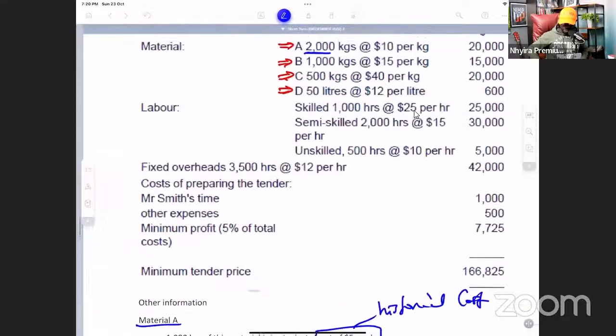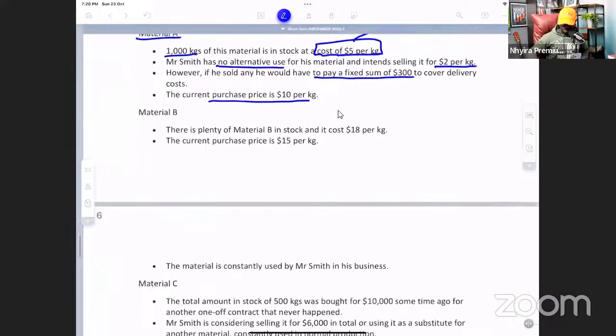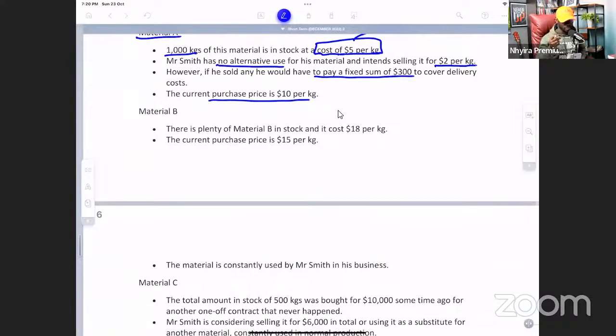Let's go to material B. With material B, we need 1,000 kilograms at $15 per kilogram. Let's go read the notes. Stay with me carefully. It says that there is plenty of material B in stock and it costs $18 per kilogram. There is plenty.